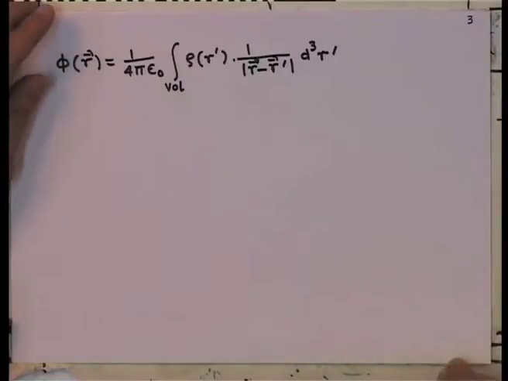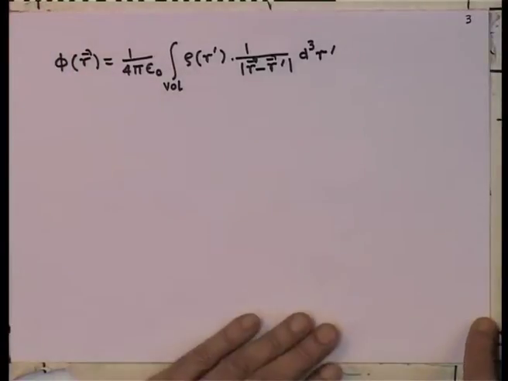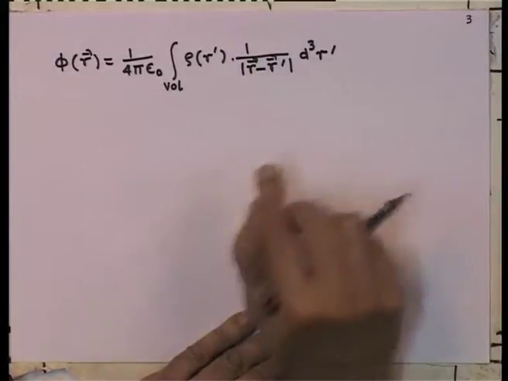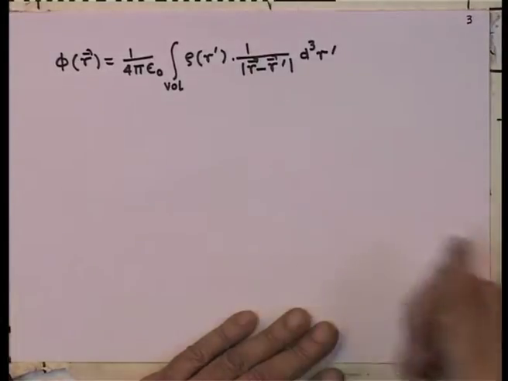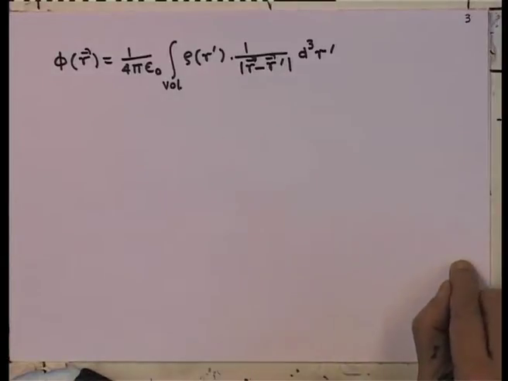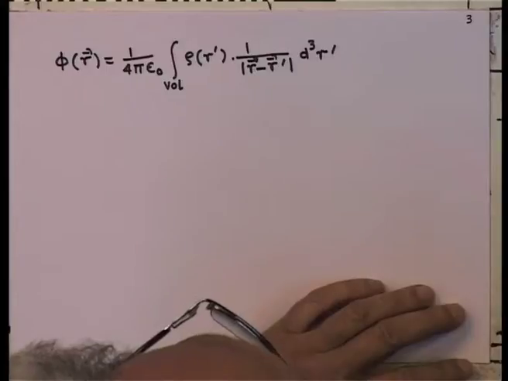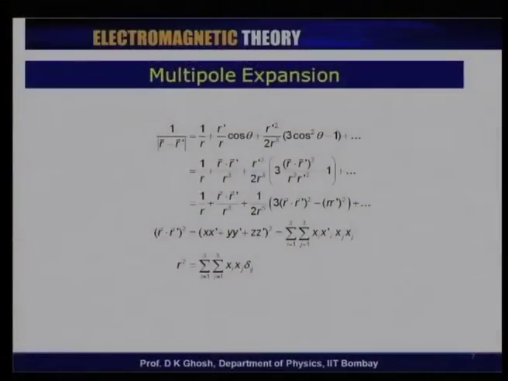Now, what I am going to do is this. We had just now seen how to expand this 1 over |r minus r prime| in terms of vectors r and r prime. Just to recall, look at the first term here. The leading term is 1 over r, the next term is r dot r prime by r cube.